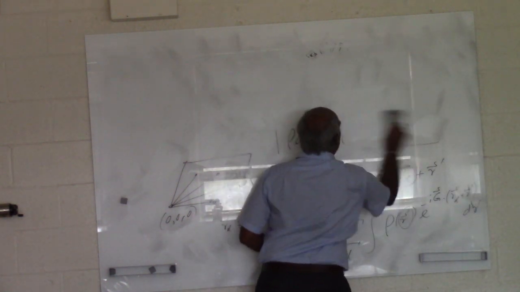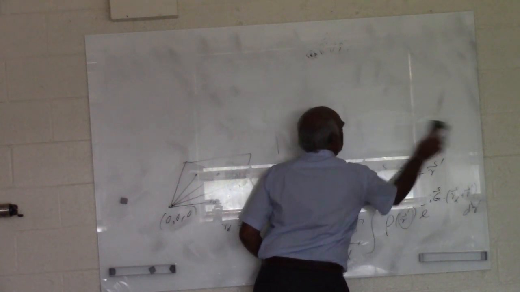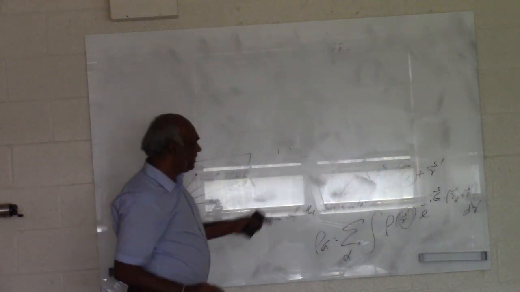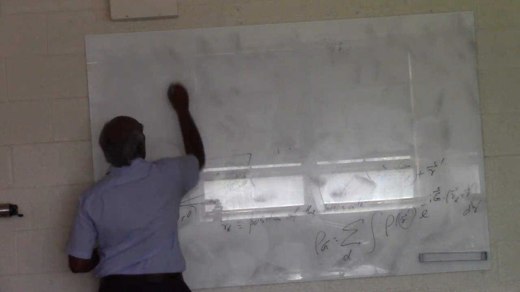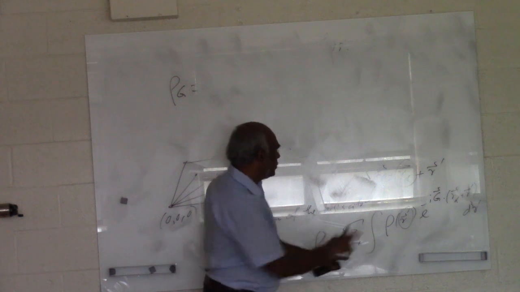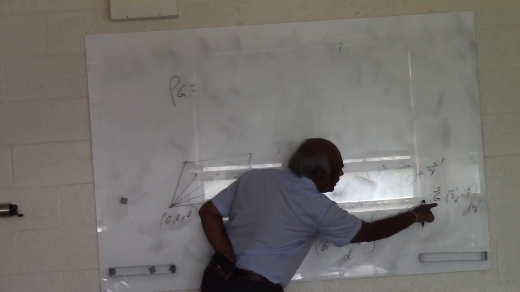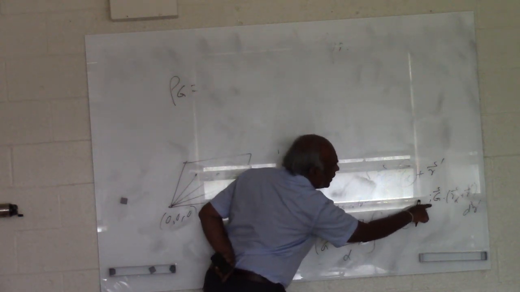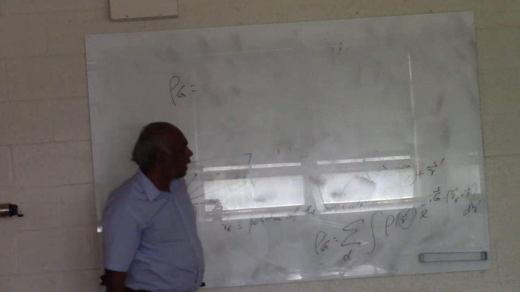So that's it. So now if you write this one, I promise you this is the only integral I'm doing. So now you can write this rho G as e to the minus iG dot R alpha times e to the minus iG dot r prime, right?